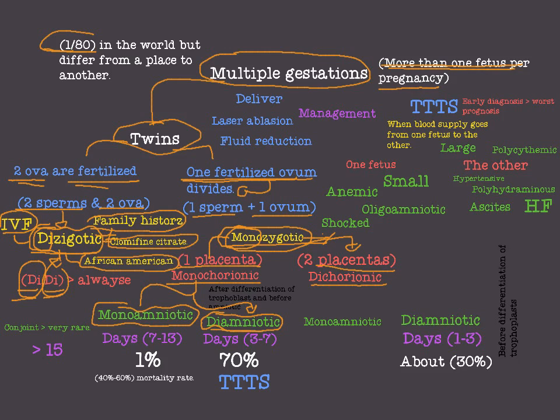In the case of one placenta and one amniotic sac, we call it monochorionic monoamniotic twins. In the case of one placenta and two amniotic sacs, monochorionic diamniotic twins.